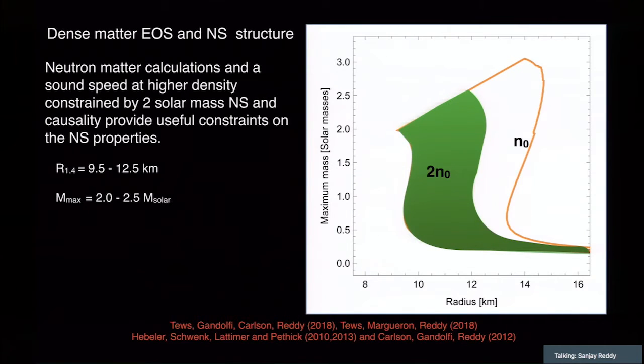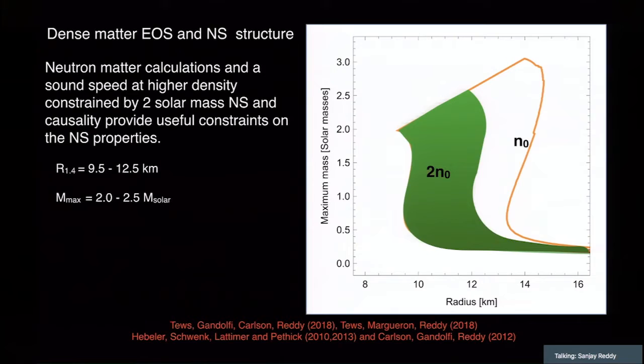So what we did was we constructed neutron stars using neutron matter calculations up to twice nuclear density or just up to nuclear density, and saw what sorts of neutron stars they produced. And that's what's shown in this graph here. So if you just use the neutron matter equation of state up to nuclear density, then you see that it can produce neutron stars that are contained within the large space demarcated by the orange curve.